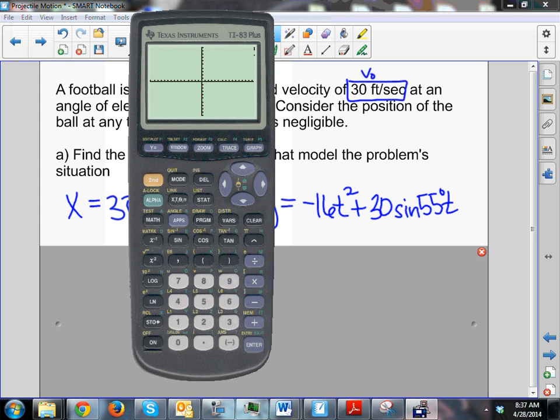Error. Mine doesn't do that. Mine doesn't go all the way down. Yeah, mine starts with the X. It's probably because of your window. Oh, yours doesn't go all the way down. If you go to window, then your T minimum is probably set at 0, which we would want, right?